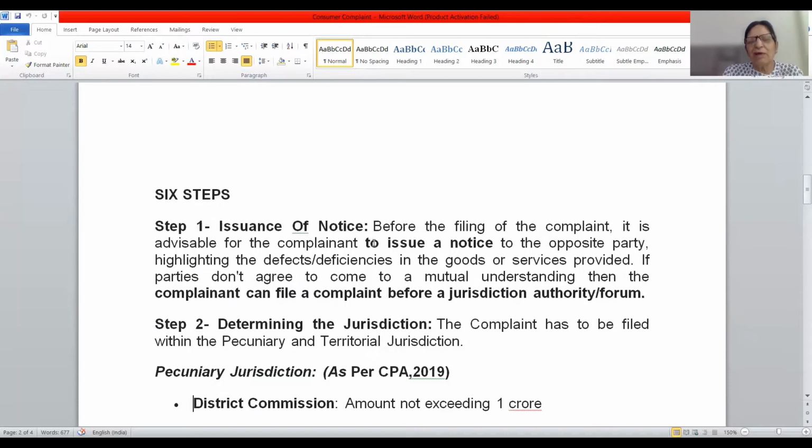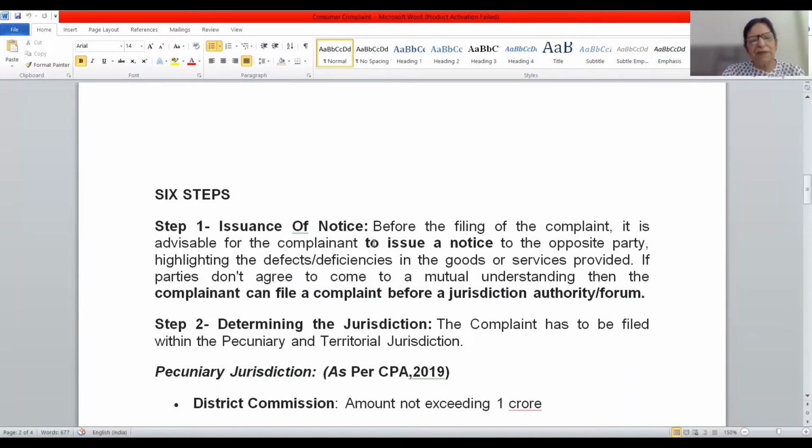And if they have come to a mutual understanding, then it is well and good. And if they have not arrived at any mutual understanding, then the complainant can file a complaint before a jurisdictional authority or forum. So this is the first step, which is issuance of notice.